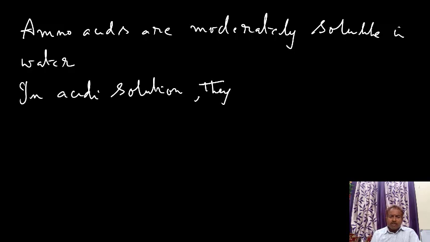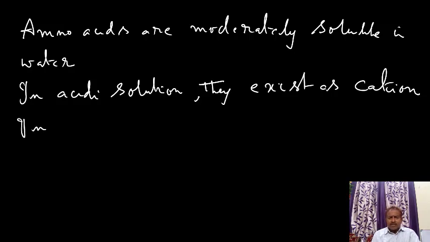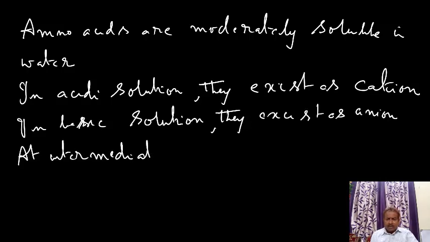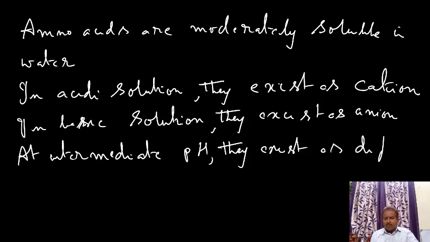So, in acidic solutions, amino acids exist as cations, and in basic solution, in basic medium, they exist as anions. At intermediate pH, they exist as a dipolar ion.